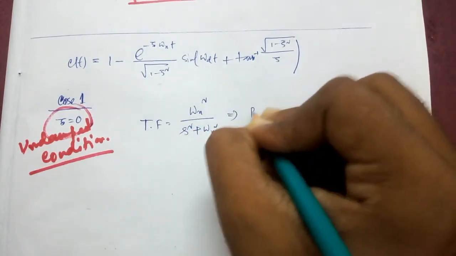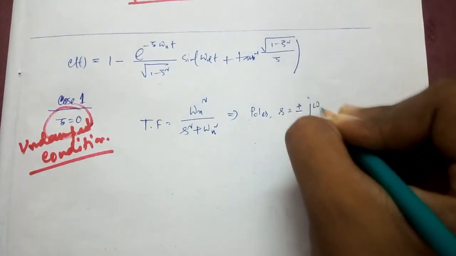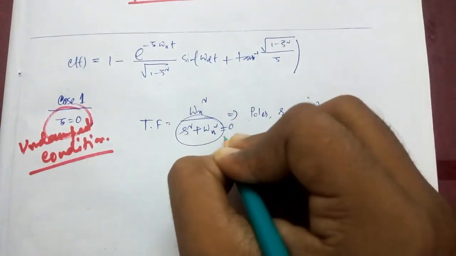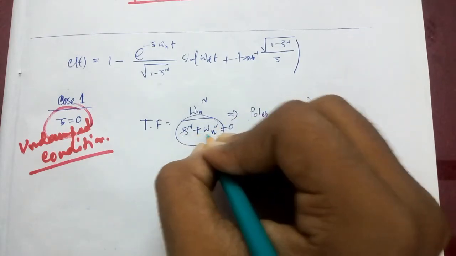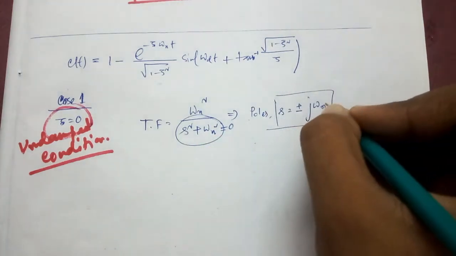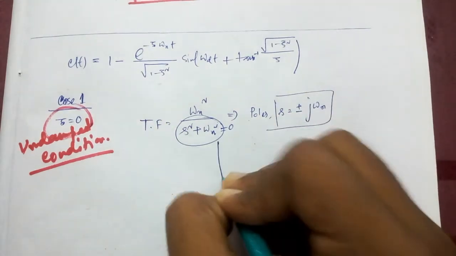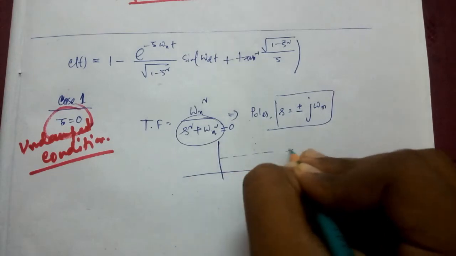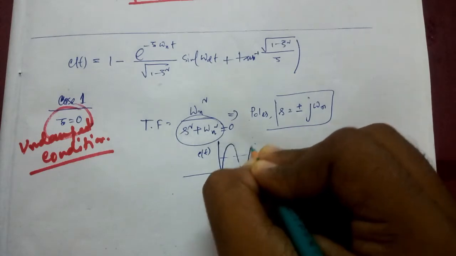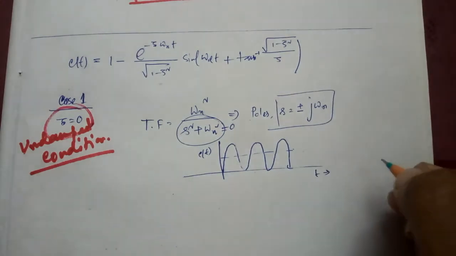In this case, the poles will be s equal to plus minus j omega n, found from the denominator as the characteristic equation. That is the value of the poles. So in the undamped case, the response is not damped and will continue like this, which means it will never be stable. This is the undamped condition.